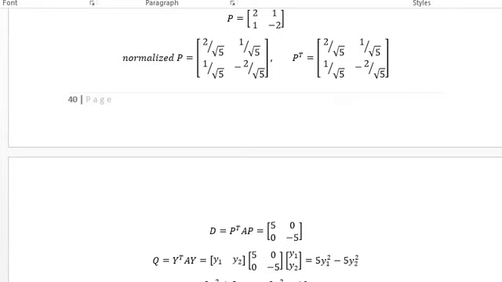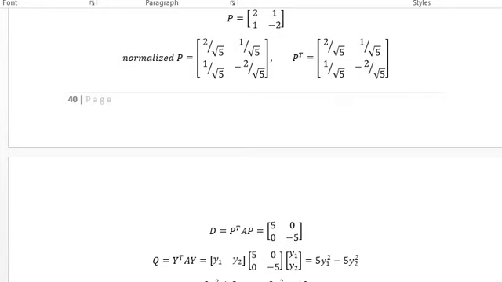Now we have to write this in the new matrix form, that is in terms of y1 and y2. So Q is equal to y transpose A y, where y transpose is y1 y2, into A, into the column matrix y1 y2. Multiply it, you will get 5 y1 square minus 5 y2 square.